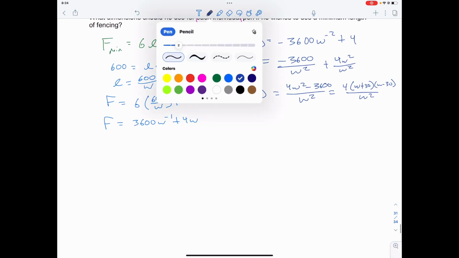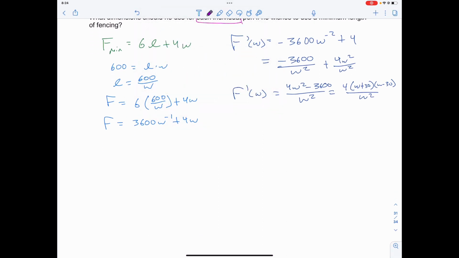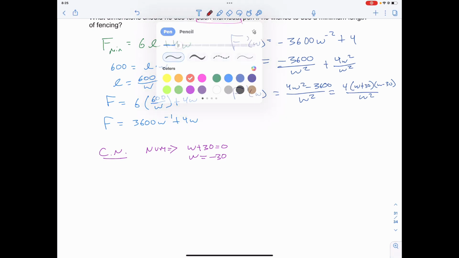When I'm doing my critical numbers, then I'm going to pull from the numerator, and if I have W plus 30 is equal to 0, then W would equal negative 30. We know that doesn't make sense.